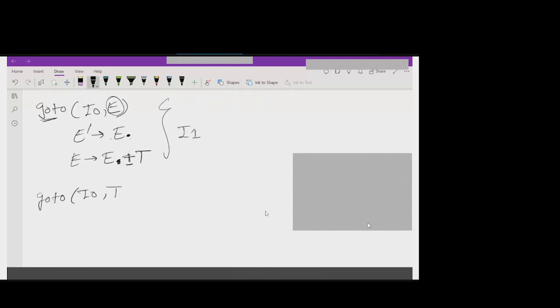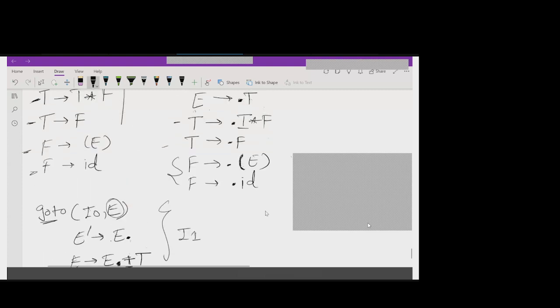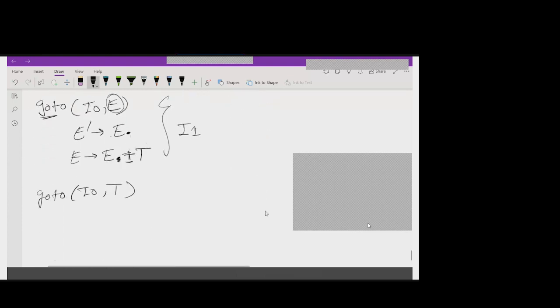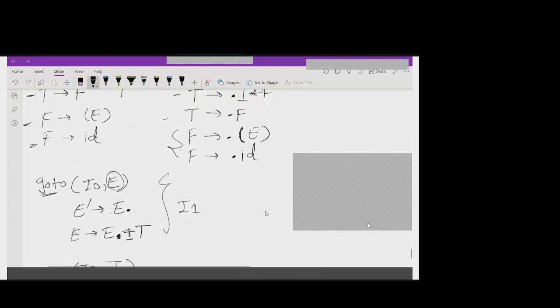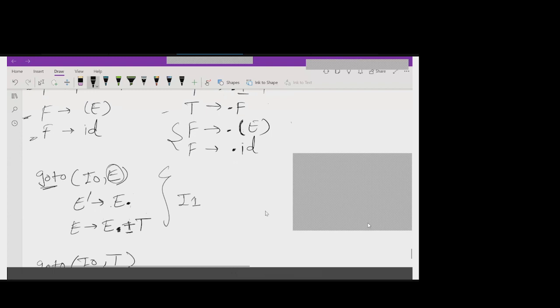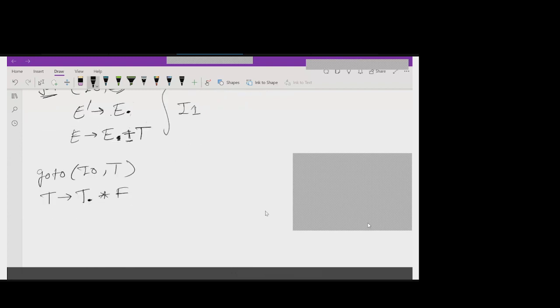I0 comma T. So your production will be E gives T dot, and T gives T dot star F, and this will be your I2 set. Sorry, I2. Now see this.